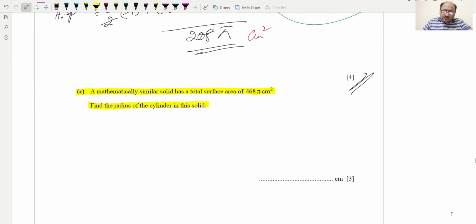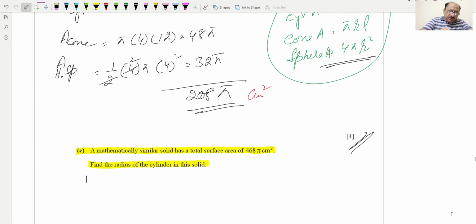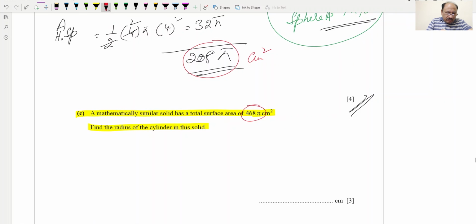So ratio between areas we will check. One is this one, second is 208 pi. So we can write for k squared. K square will be for area. Area we are taking ratio square, so k square will be 468 pi over 208 pi.